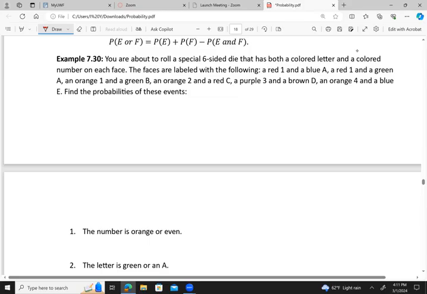So how many even numbers do we have? 1, 2. How many orange numbers do we have? 1, 2. So the probability of orange is 2 out of 6. The probability of even is 2 out of 6.